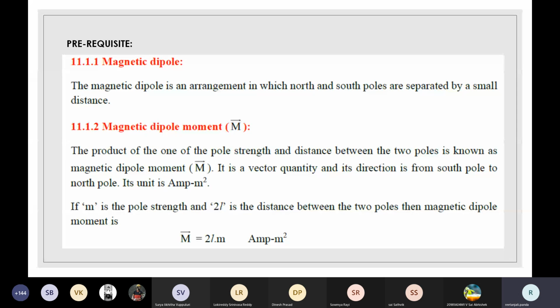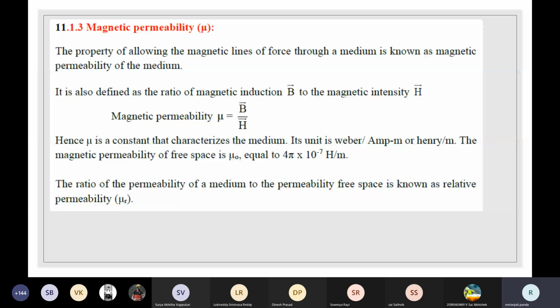Then comes magnetic permeability. Magnetic permeability is a property of the material which allows the magnetic lines, the induced magnetic field, to pass through it. If you place a material in a magnetic field, the material will allow that magnetic field to pass through it. That is your magnetic permeability.